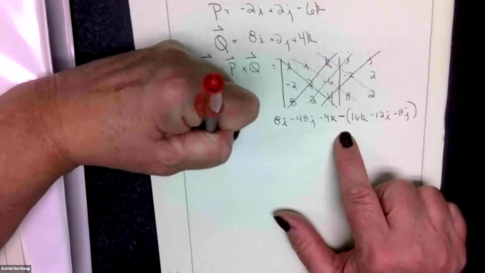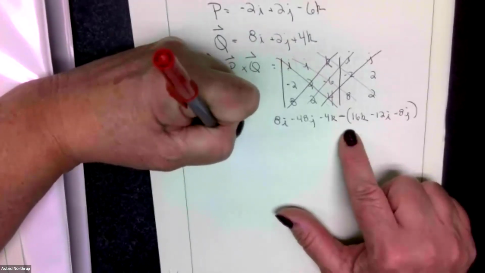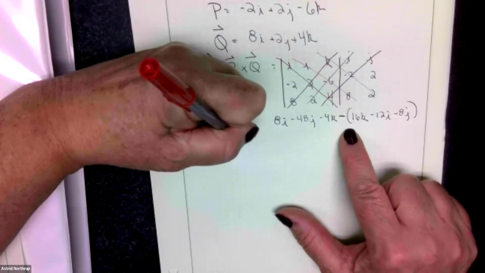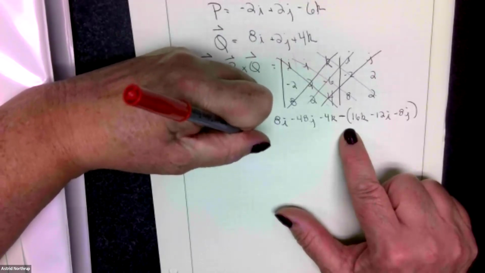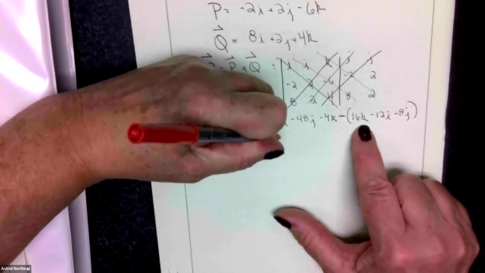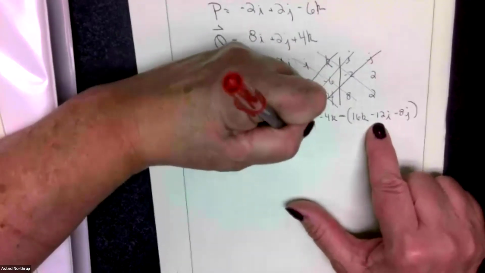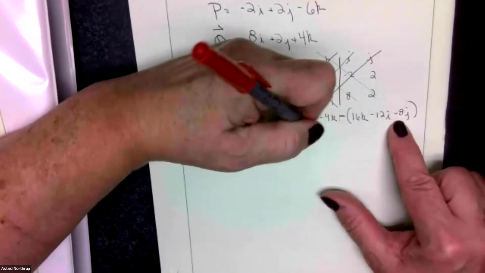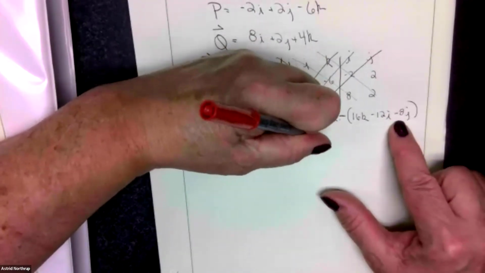All right, now I have a little simplifying to do. I'm going to break out this negative sign, distribute the negative sign. So I get negative 16K, negative times negative is positive 12I, negative times negative is positive 8J.